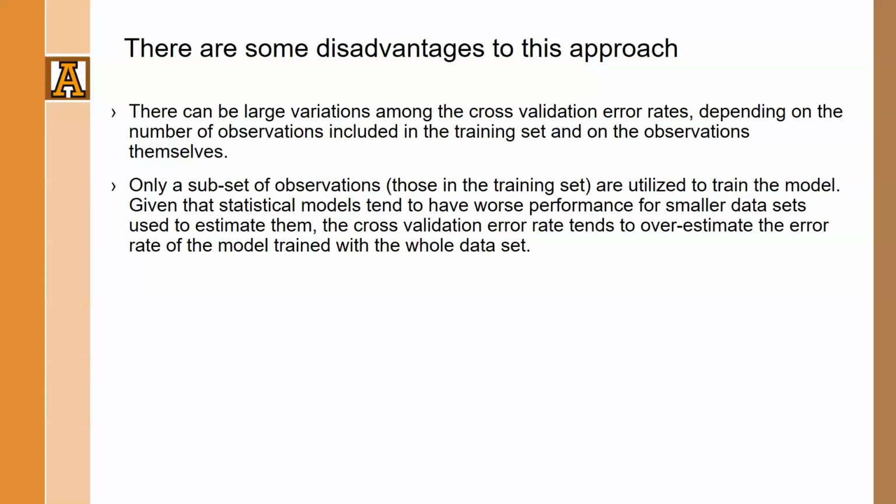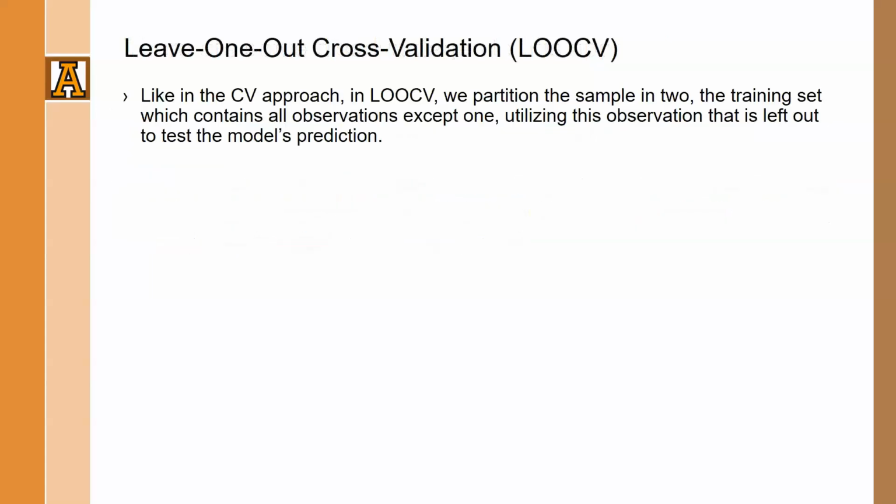Since statistical models tend to have worse performance when we have fewer data points, that's a disadvantage, because we're splitting in maybe a 40-60 split or something like that, which was generally done in simple cross-validation. Okay.